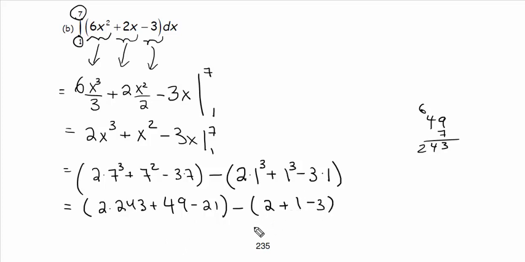So 2 plus 1 minus 3 is 0. And then this ends up being 486 plus 49 minus 21. So the whole thing ends up being, wait a second, this is not quite right, is it?